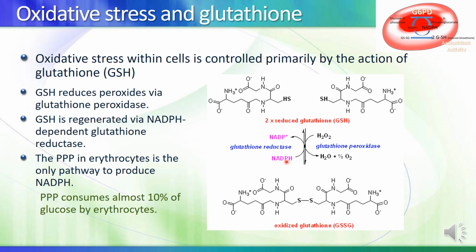So electrons are taken from NADPH to reduce the oxidized glutathione, producing these two molecules. And the pentose phosphate pathway is the main source of NADPH in red blood cells. In fact, the pentose phosphate pathway consumes about 10% of glucose in erythrocytes.